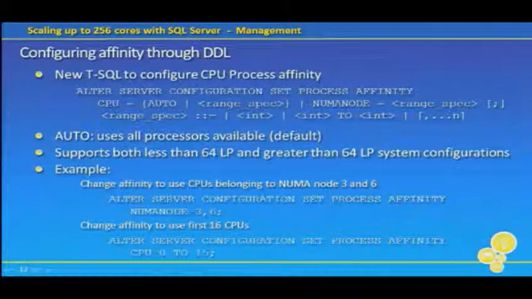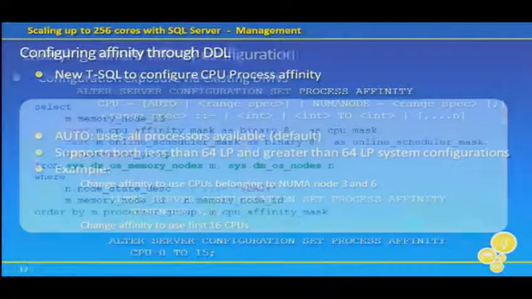You can also do it through DDL, and we have moved away from, and I think we're actually deprecating, the sp_configure options that allowed you to do it that way, that were certainly unintuitive and led to all sorts of unexpected consequences when people got themselves in trouble. It's quite a bit more explicit now, easy to understand.